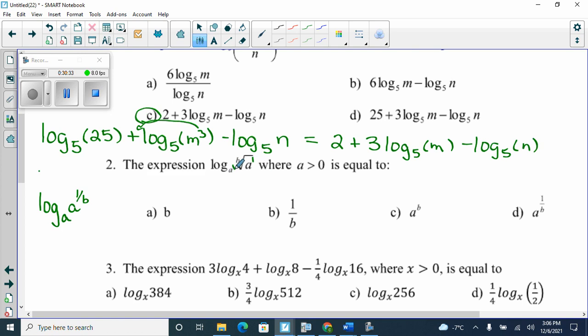So it's log a to the 1 over b. What's your answer then? What happens when these two are the same? Your answer is the exponent. So it's 1 over b. If you make these be the same, your answer is the exponent, because a to the what power is a to the 1 over b? 1 over b, right?